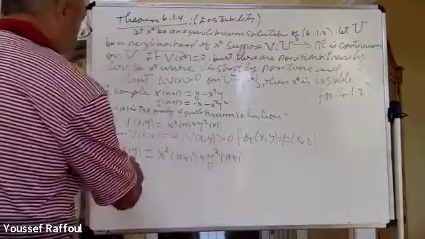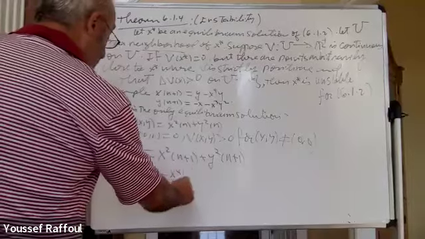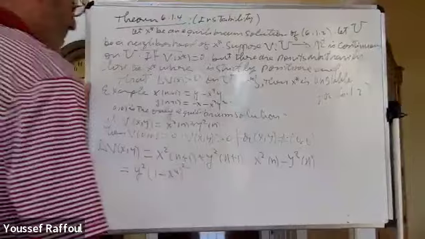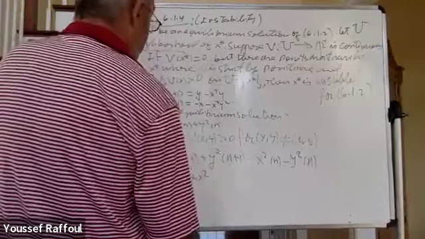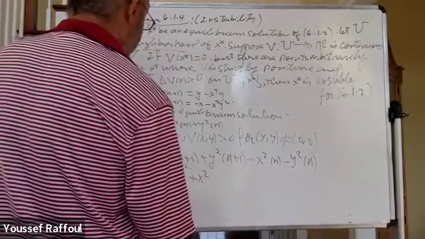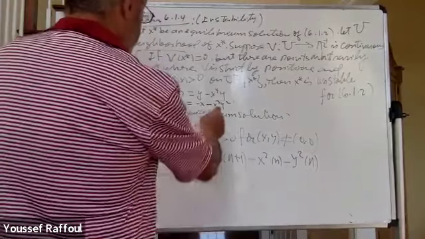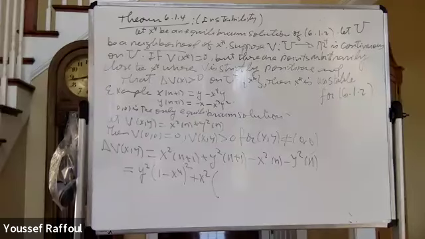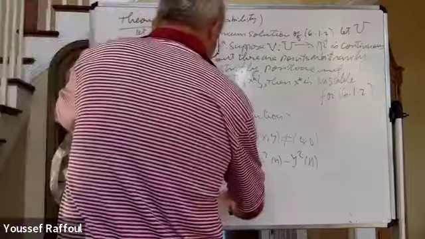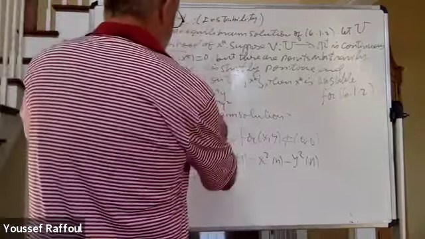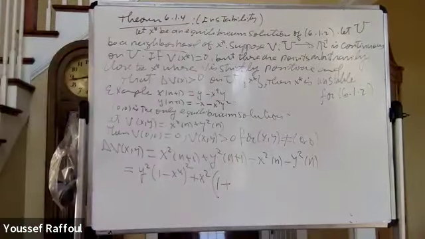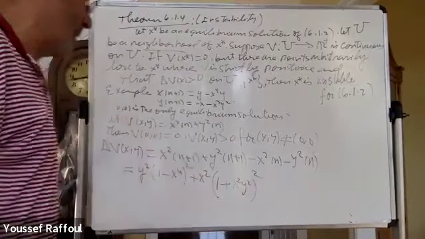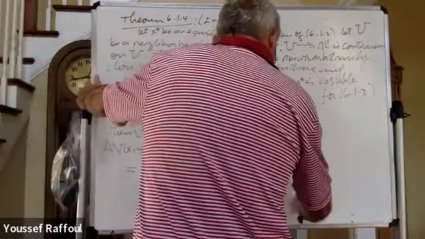So now we're going to take a look at delta V of (x, y), that is x squared of n plus 1 plus y squared of n plus 1. That is y squared (1 minus x^4) squared minus x squared of n minus y squared of n plus y squared plus x squared. That will be 1 minus 1 plus x squared y squared squared, because you have the minus and you are squaring, and minus x squared minus y squared.